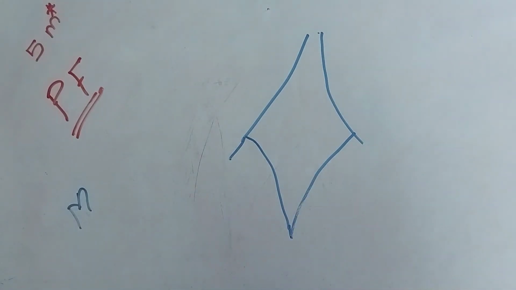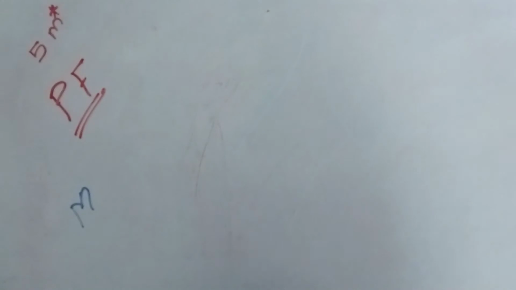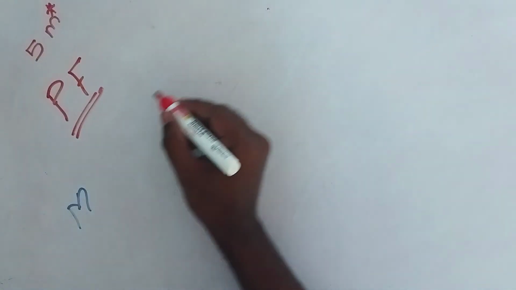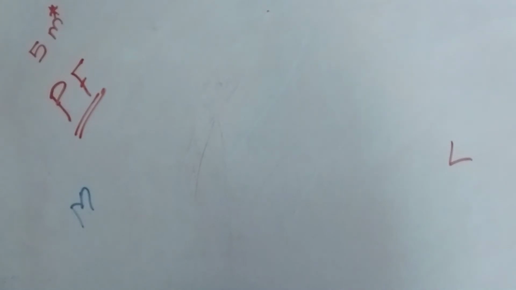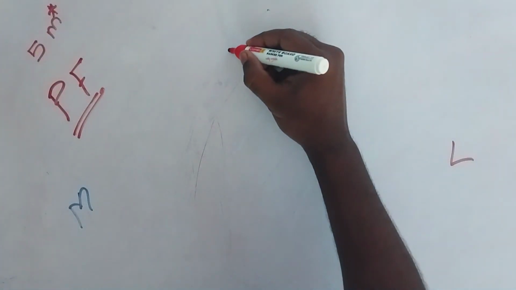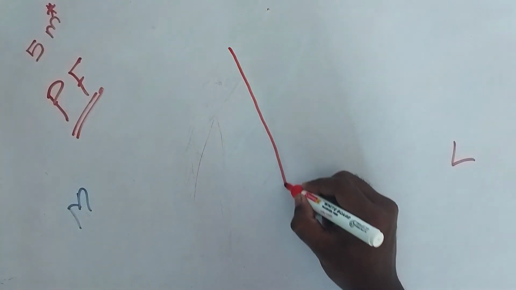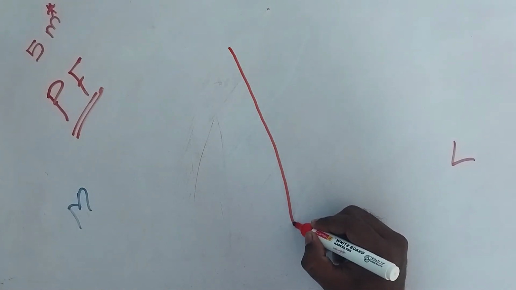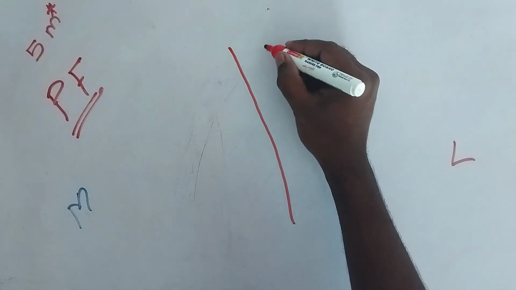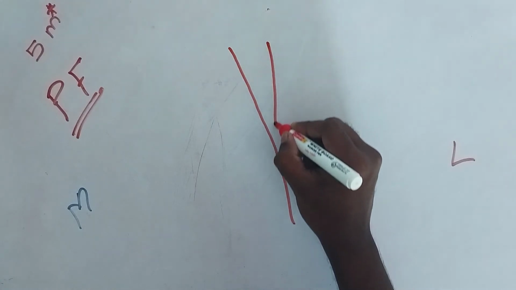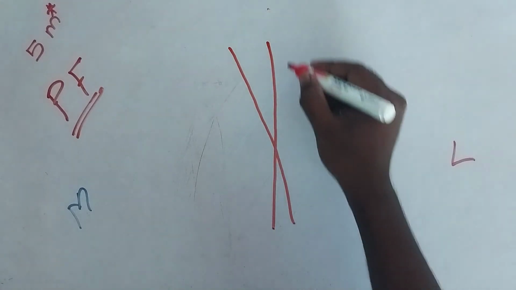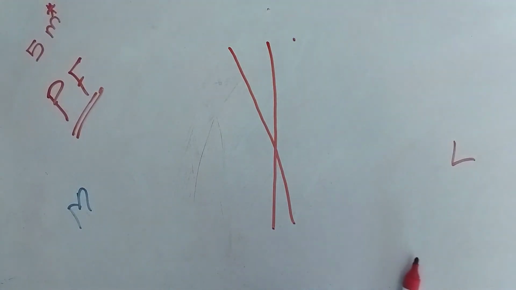Now coming to the contents present in the popliteal fossa. See, this is the medial surface and this is the lateral surface. We can see the popliteal artery here, the popliteal vein, and the popliteal nerve.